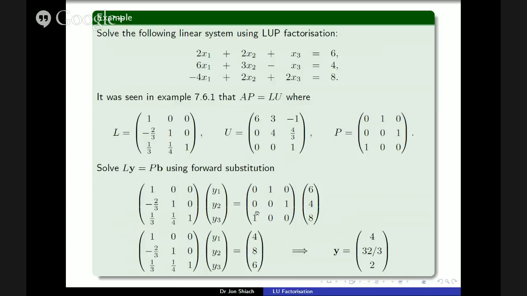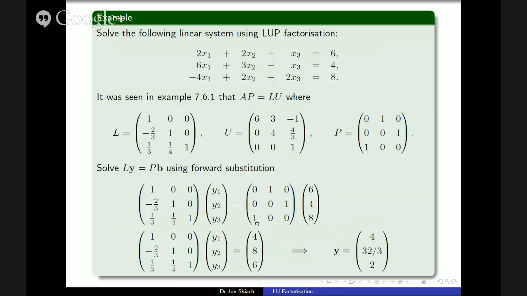An easy way to see this one is, if you go across the rows, the top row has a 1 in the second column. So that means the 4 is going to move up to there. This has a 1 in the third column, which means the 8 is going to move up to there.